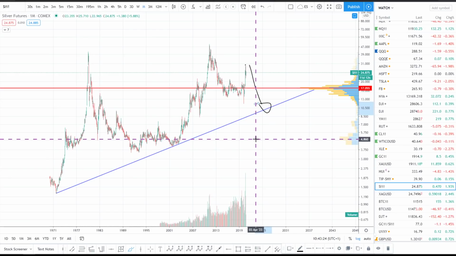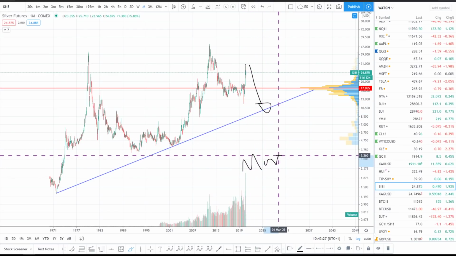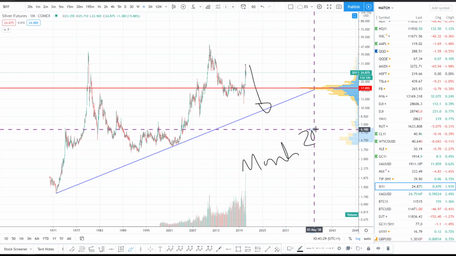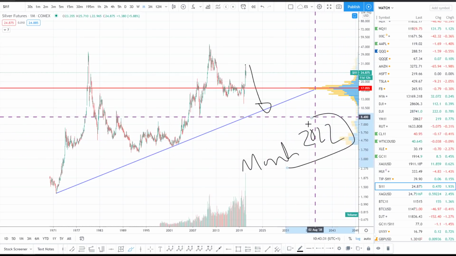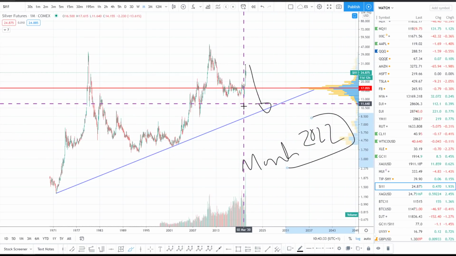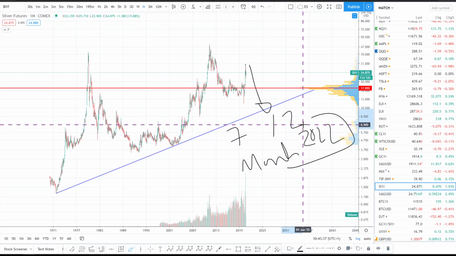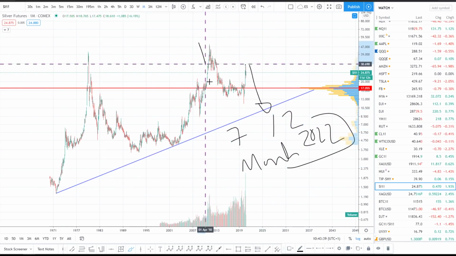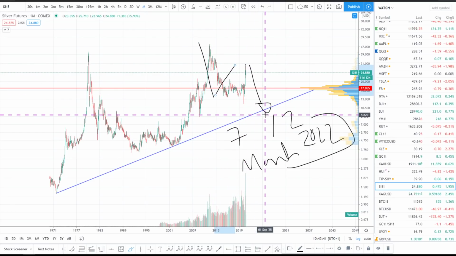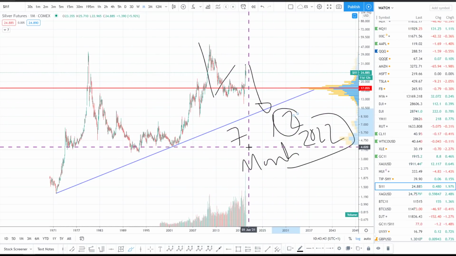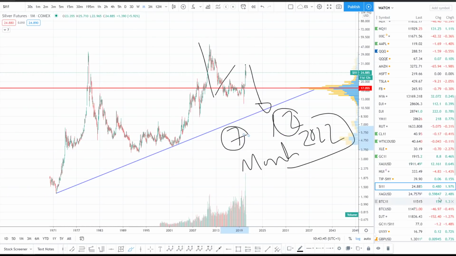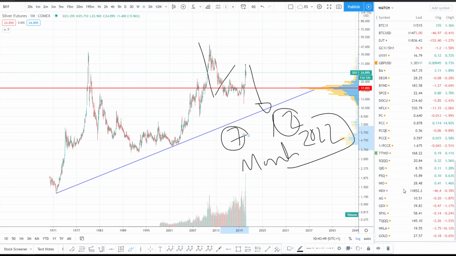I had calculated something like March 2022. So I would say silver breaks this low in the next couple of years. You're looking at $7 and $2. If that's a 1, 2, 3, 4, 5 down, it's going to go to 2. If it's an ABC down, it's going to go to 7. So I think dollar is basically the place to be right now, and something to have a think about.